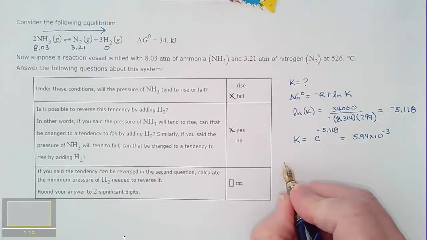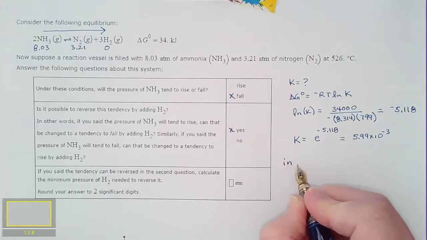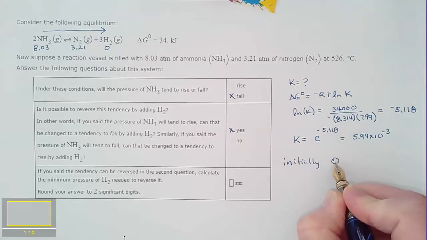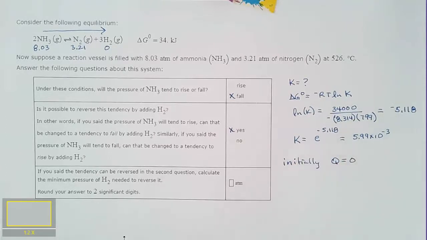All right, so to answer the question about what it will take to reverse things, initially we have a Q equal to 0, because we have zero in our product. In order to get things to move toward the left, to increase the amount of NH3, we want Q to be greater than K. So the least amount that Q could be is if we force Q to equal K. So what is Q here?